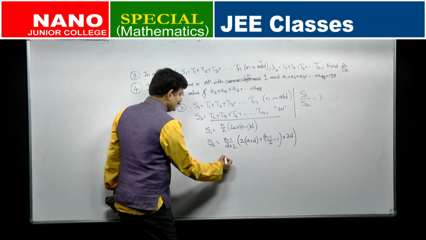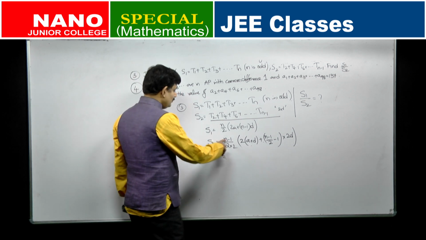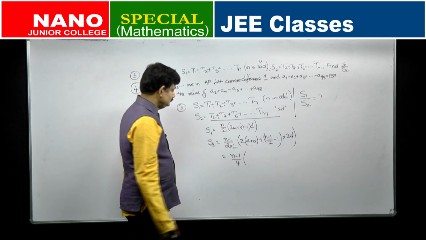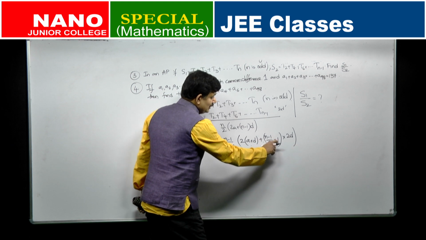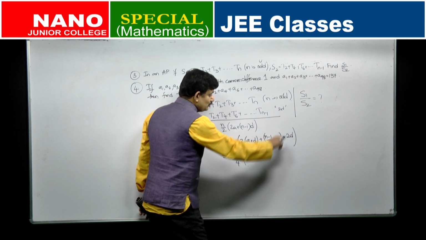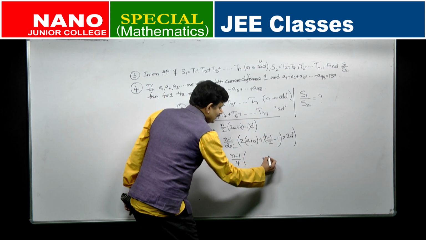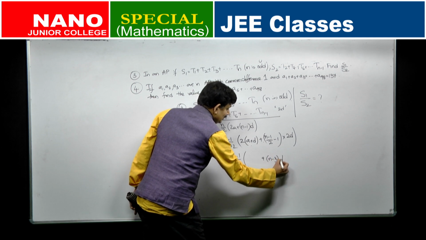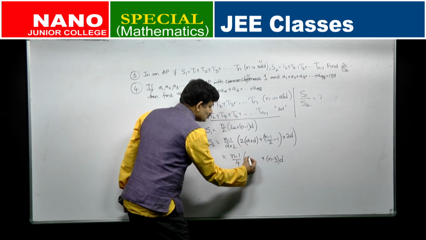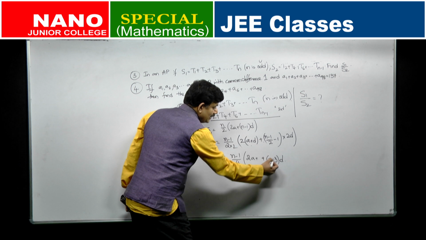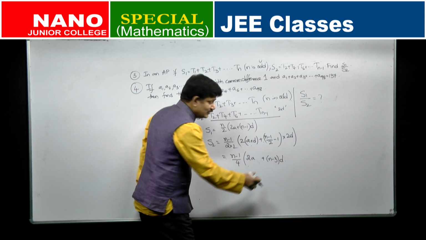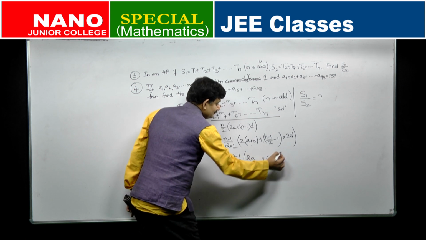Okay. So, let me simplify S2. What will this be? N minus 1 by 4 multiplied by, let me see this one first. This is how much? N minus 1 minus 2, n minus 3 divided by 2, 2 gets cancelled. So, this is n minus 3 D. This is 2a plus 2d. 2d if I push it here, it will be n minus 1 d.